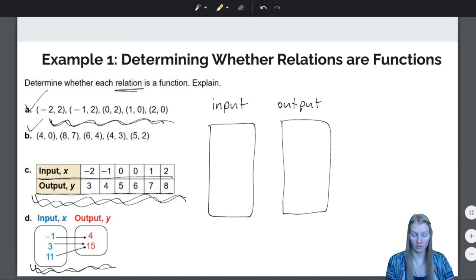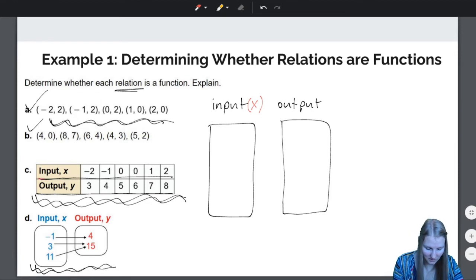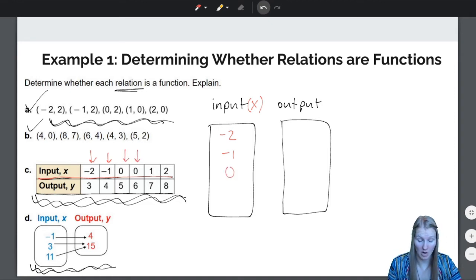So let's draw 2 boxes. Let's take our inputs, or our X's, and let's put them in our first box. So we have -2, -1, 0, oh, 0 again, so I won't write that one twice, 1, and 2.